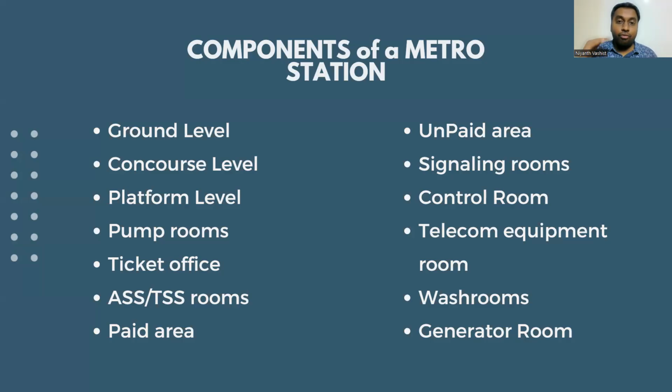Deck level comes in the first landing of the staircase between the ground floor and the concourse level. So ground level and the concourse level are the two major parts of the metro station. And of course, on the platform level, you will have just the platform and the track, and it will be taking a huge amount of dynamic load and the vibratory load as well.